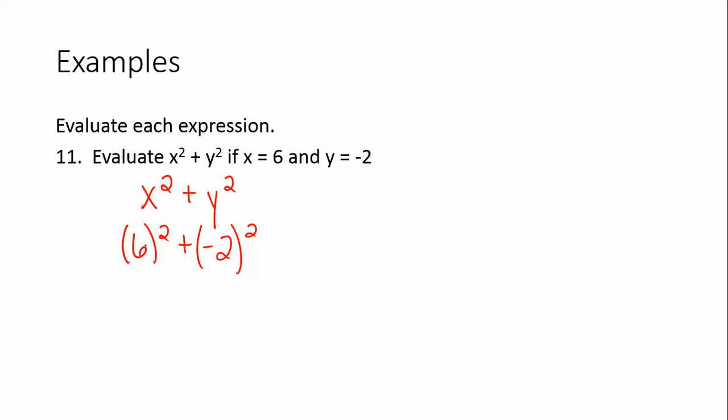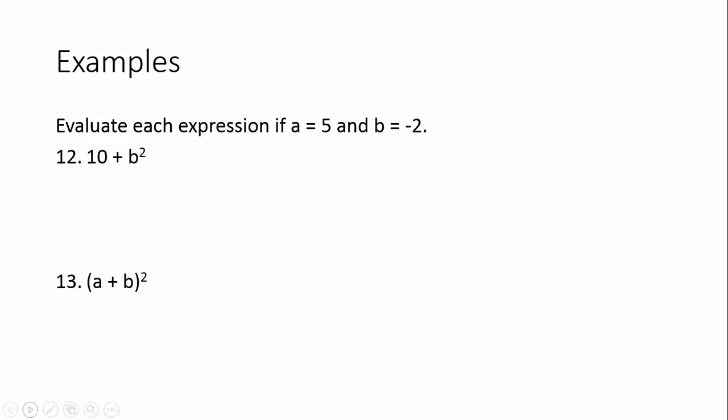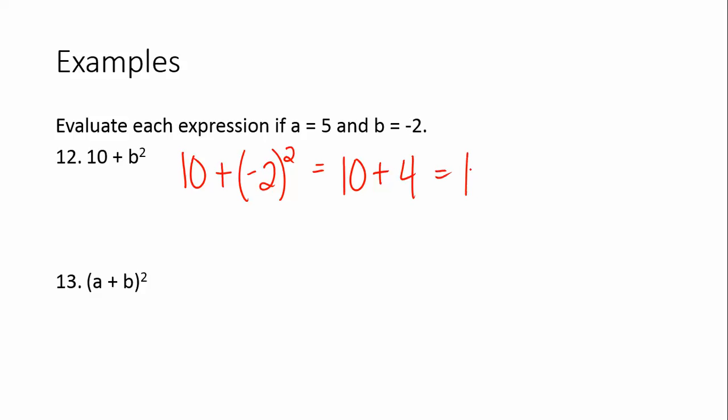So we want to take care of the exponents before we add, so that's 36 plus negative 2 times negative 2 is positive 4, so 36 plus 4, and that's 40. Number 12, we have 10 plus b squared, so that's 10 plus, again, make sure you're using parentheses when you're substituting in. So that's 10 plus 4, or 14.